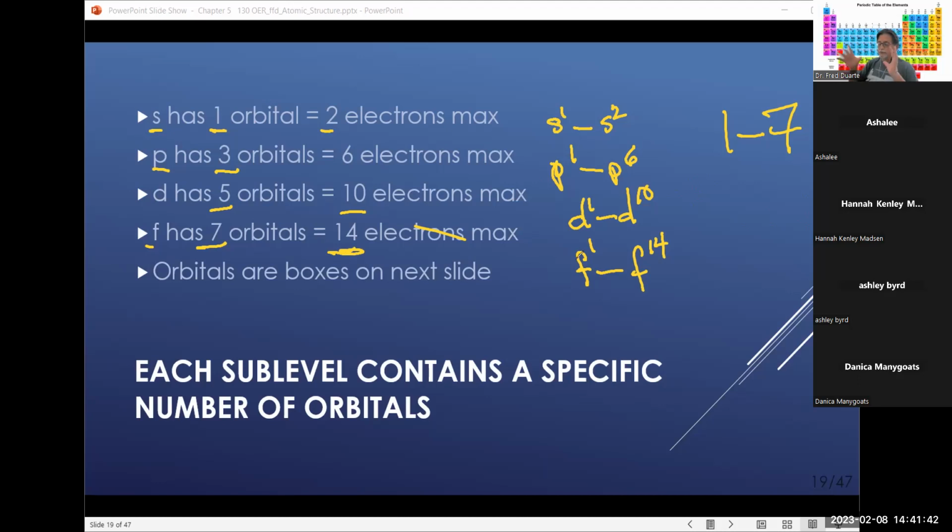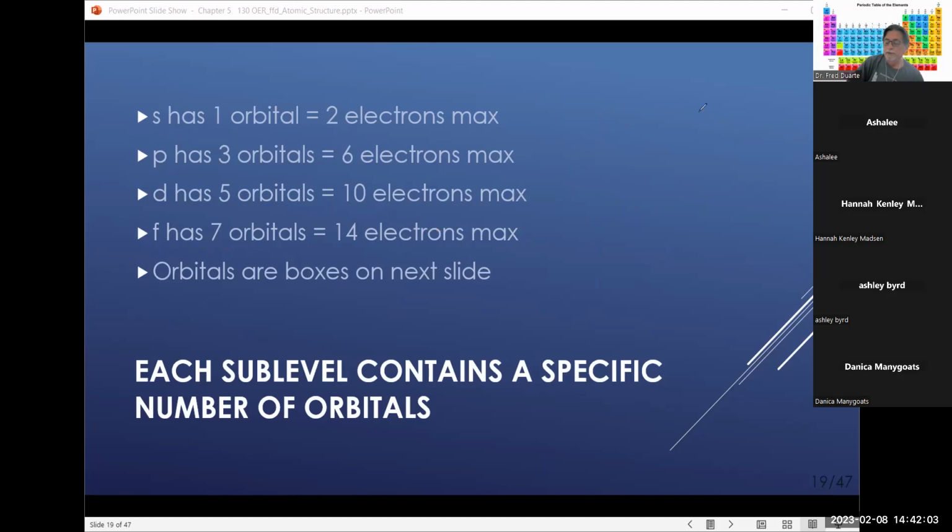Because it's related to these orbits and the electrons that they have, and how many they can lose and how many they can gain. All right, so let me stop it here. Okay, and we will continue.